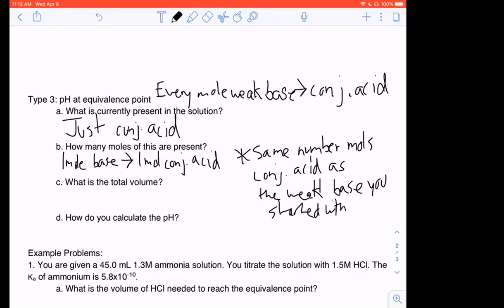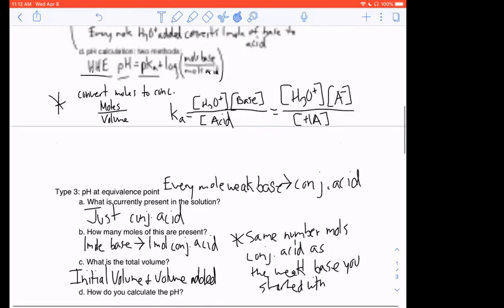Okay, so what is the total volume now? We already found the total volume at the equivalence point is just going to be the initial volume plus the volume added. And at this point, to calculate the pH, earlier for the initial point when you hadn't added anything, all that was in here was just weak base.